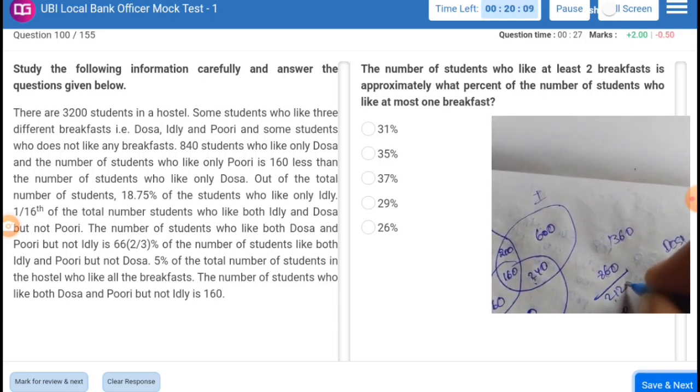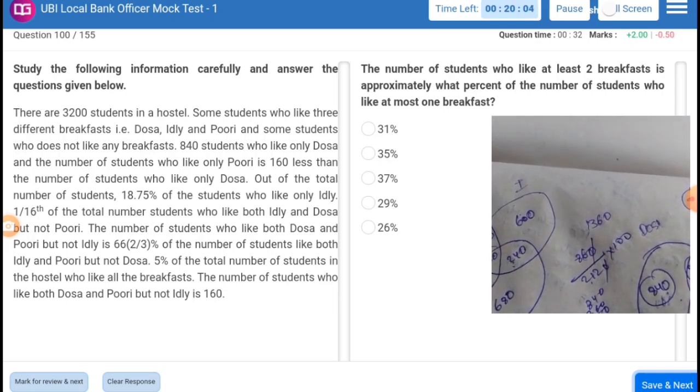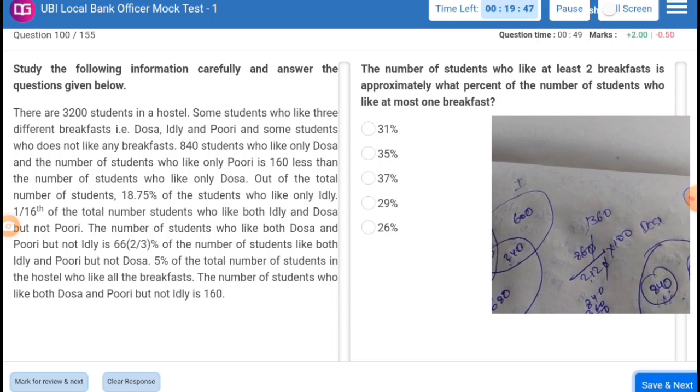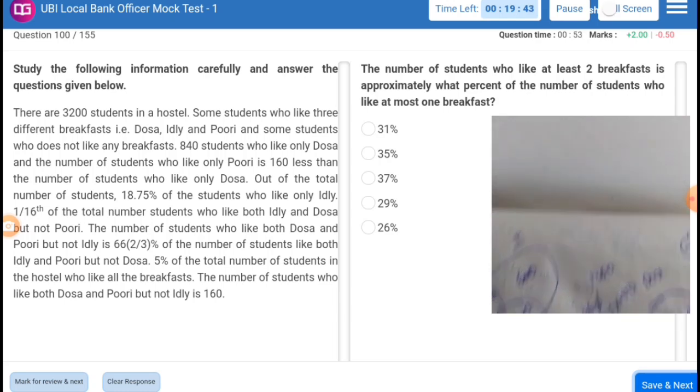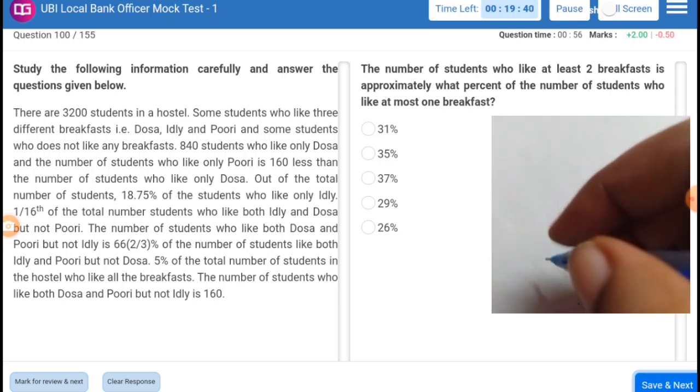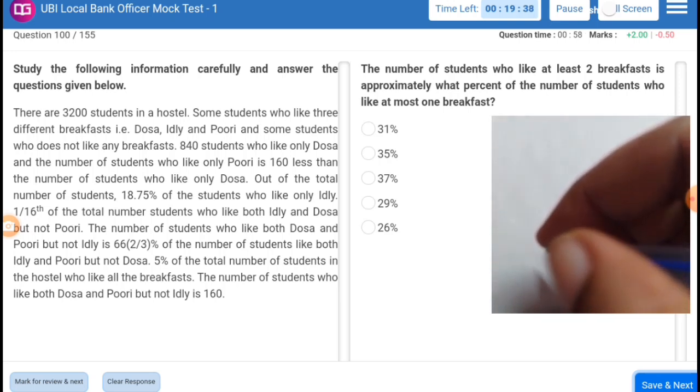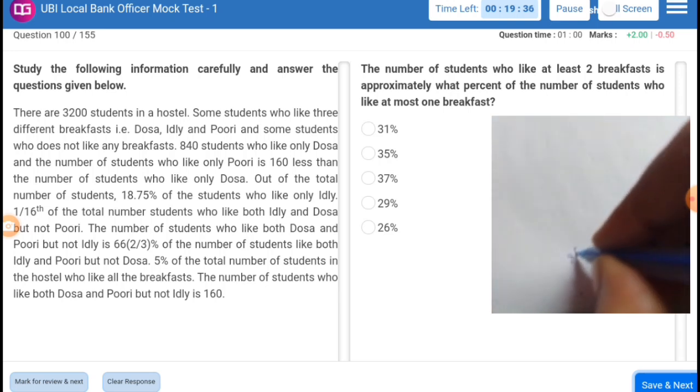So 2120. So 54212. At least 3, 4, 5, 6, 860.